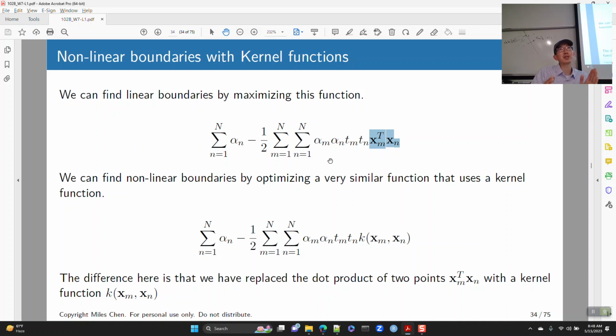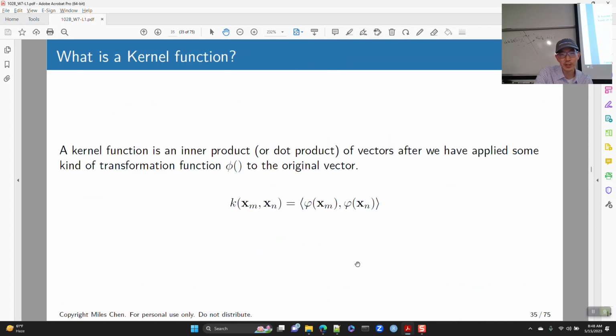If you can't draw a straight line that perfectly separates one side from another, you won't be able to use it. Transforming our function using a kernel function gives us additional flexibility.